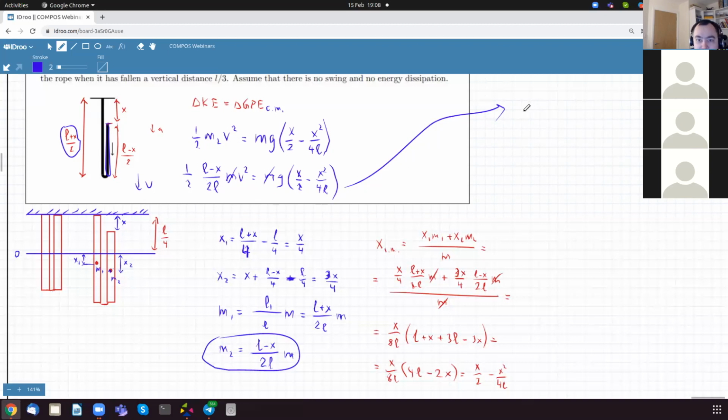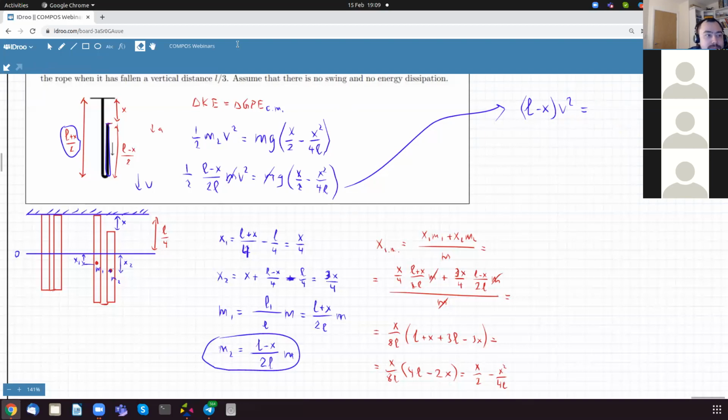So that's going to be l minus x v squared. Here, it's going to be 4lg x over 2.